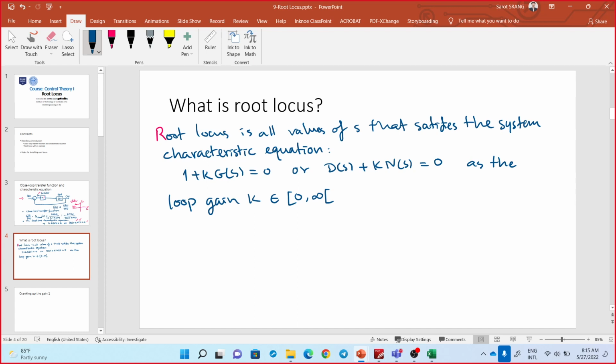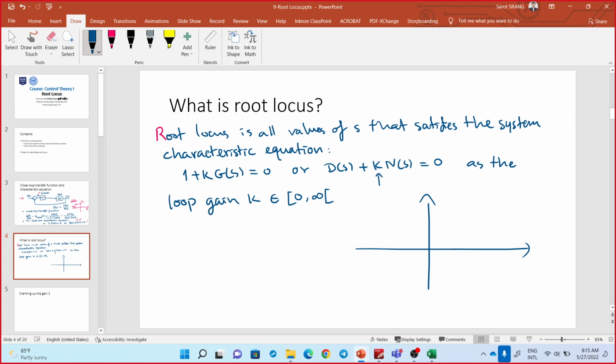To better explain this concept, let me illustrate the Locus for you. Imagine that first you pick the value of k as 0.